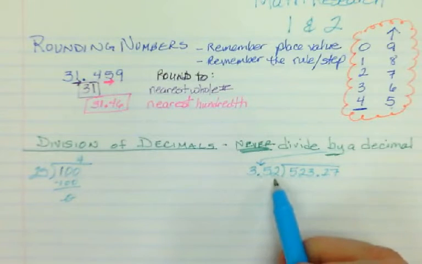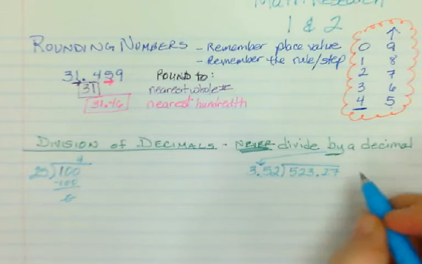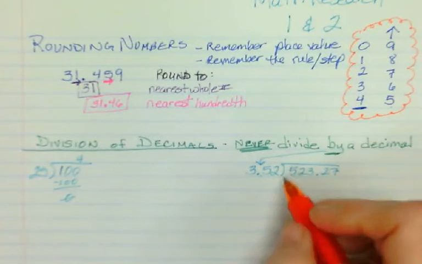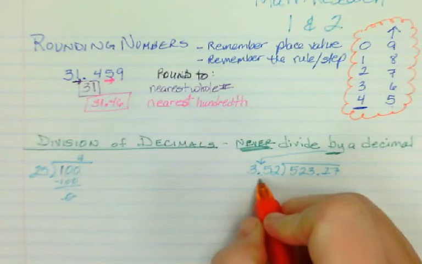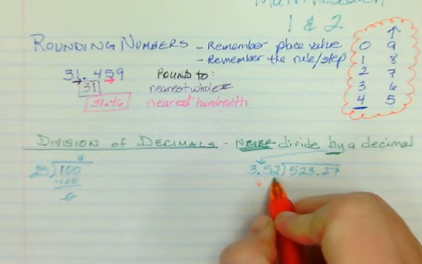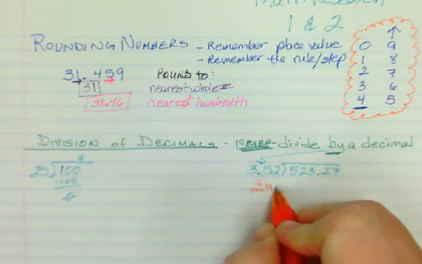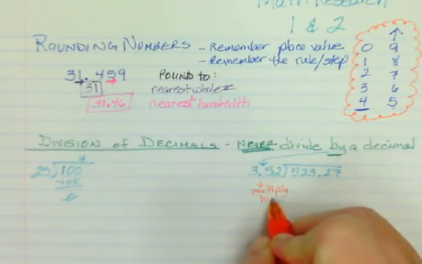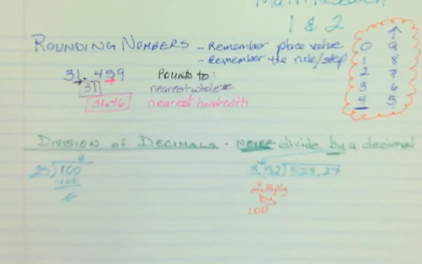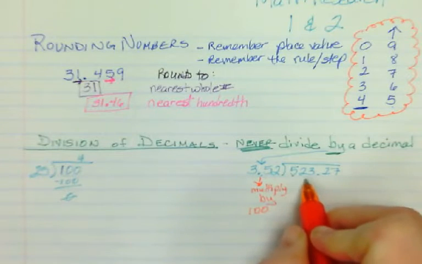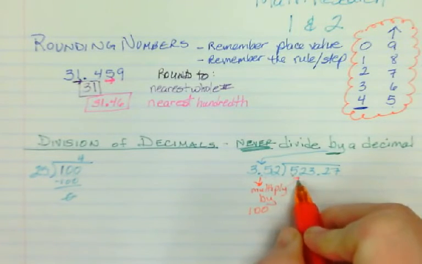What you need to do is, because I have tenths, hundredths, multiply by 100. And if I do it here to this number, I have to do it to what's inside as well.